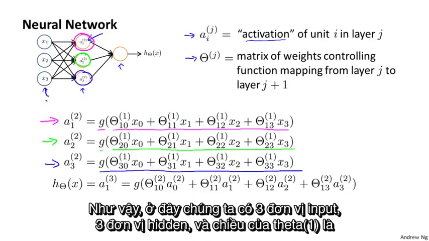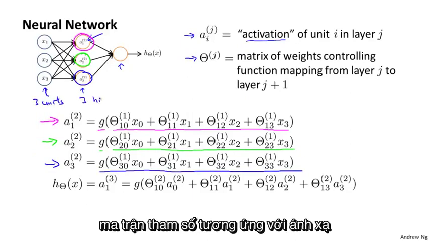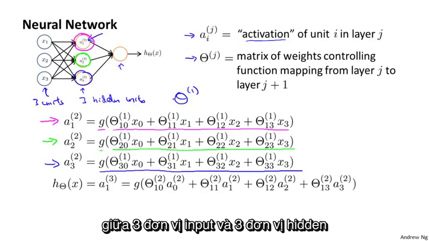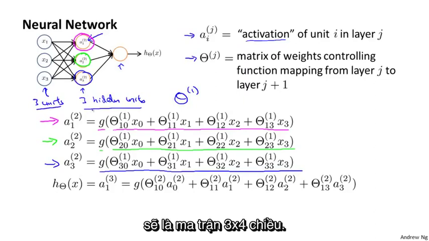So here we have 3 input units and 3 hidden units, and so the dimension of theta 1, the matrix of parameters governing our mapping from the 3 input units to the 3 hidden units, is going to be a 3 by 4 dimensional matrix.